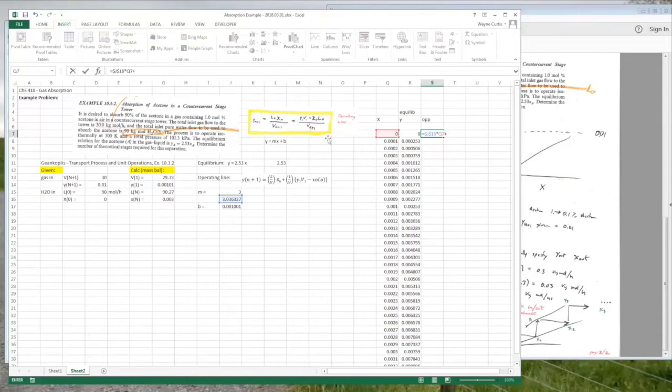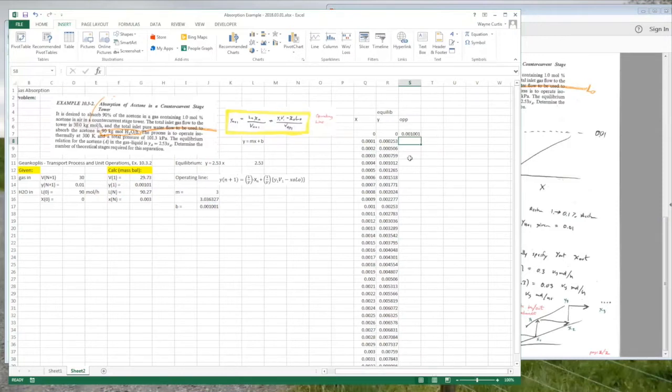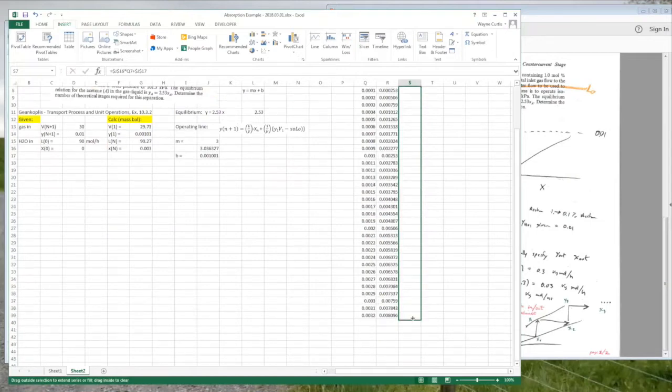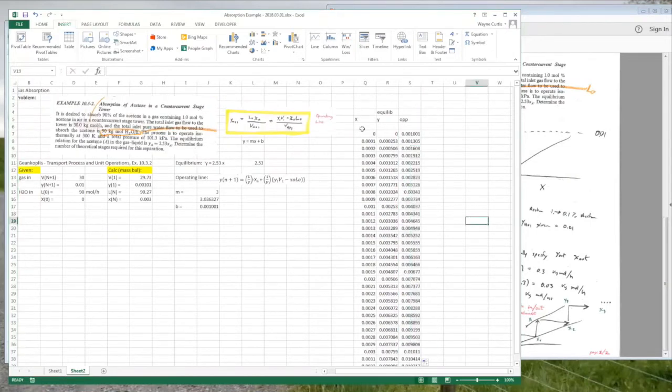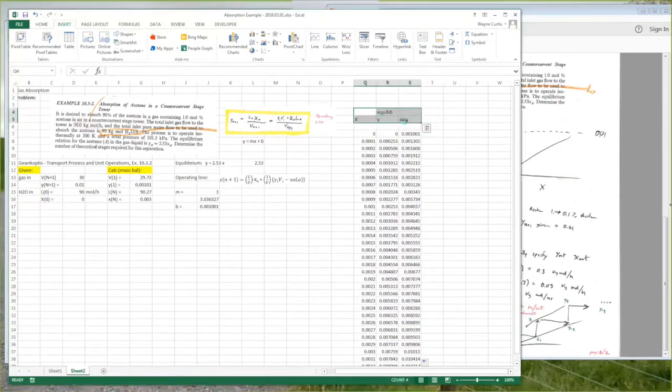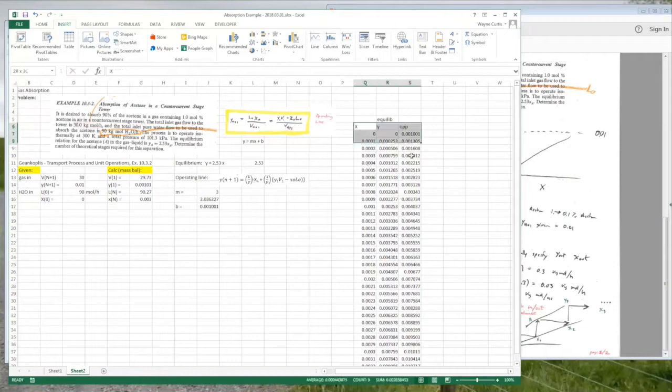This is the operating line. This will be a little more obvious when I just go ahead and make a graph of it here. So first, let me just drag this down, finish off this. Okay. So there. Now we can make a graph here.